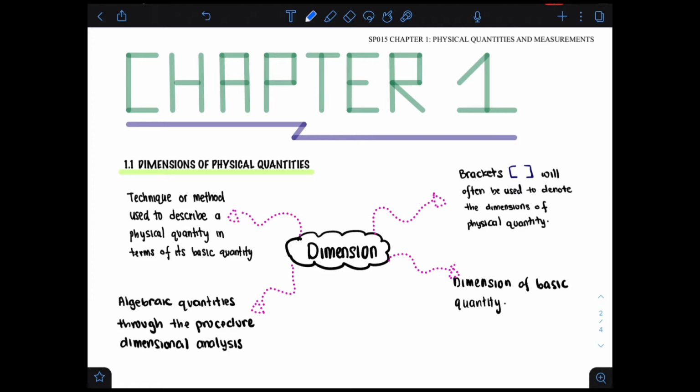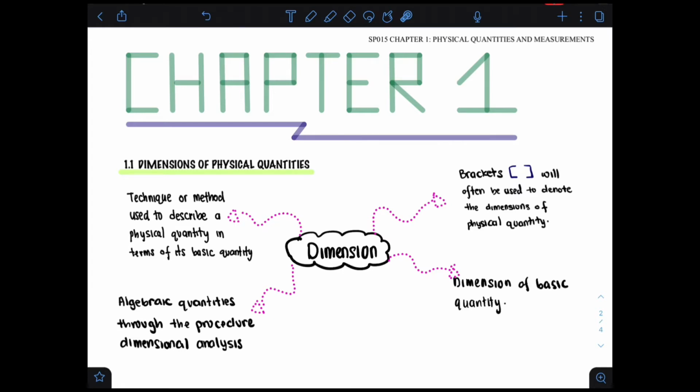So first we are going to look at the first learning objective, which is to define the dimension. Okay, what is dimension? Dimension is defined as a technique or method used to describe the physical quantities in terms of basic quantity. So it's a method where you use to describe the physical quantities back to the basic quantities.